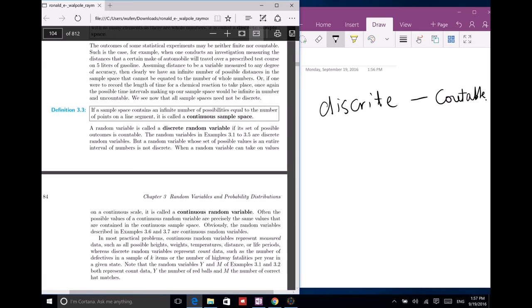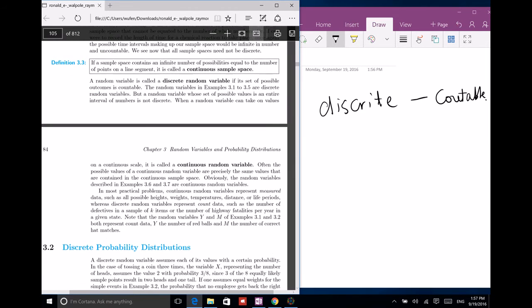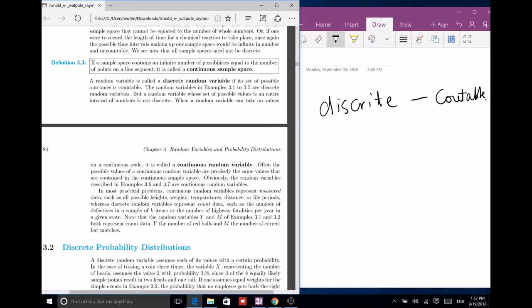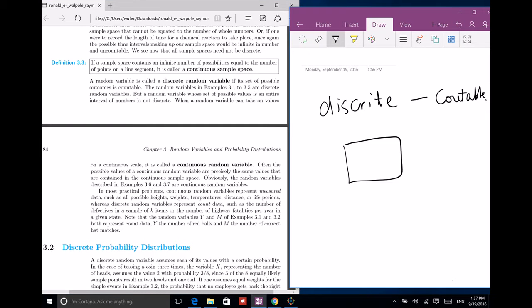A continuous random variable is always measurable. You can always measure it on a continuous scale, like time, for example the arrival time. It can be any time. Or the square footage of a house, it could be this big, it could be this big. So it's a continuous, measurable distance.